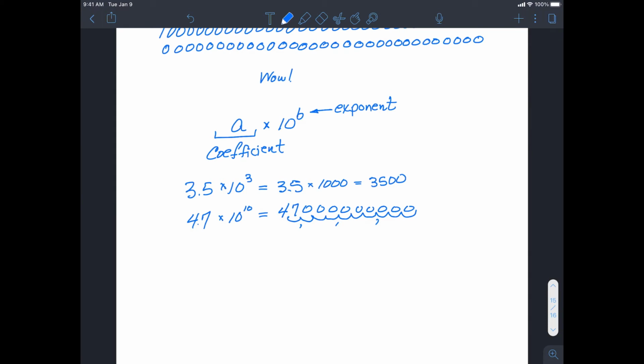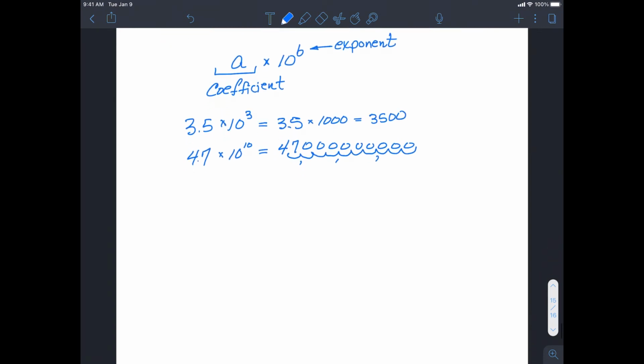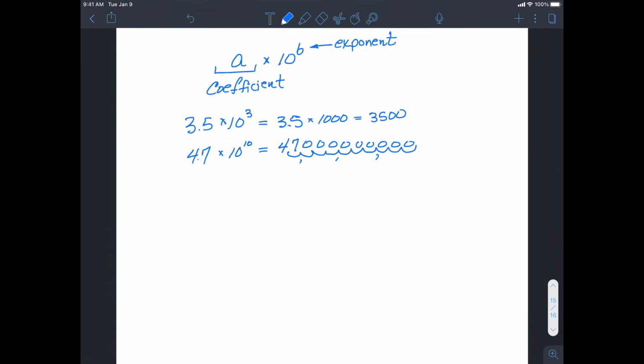Now what happens with very small numbers? Well, with small numbers, we can use negative exponents. So let's take a look at one of those. Let's take 8.72 times 10 to the negative 2. So in order to convert that number into standard notation, we write 872.